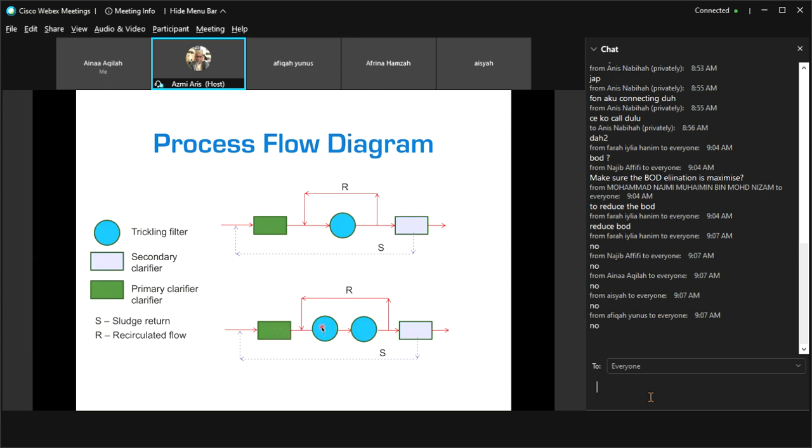It goes into the first trickling filter, and then the wastewater coming out from the first trickling filter will go into the second trickling filter. And then the wastewater from the second trickling filter, some of it will be recycled back, some of it will go into the sedimentation tank. Okay. There is no sludge return here. This is a mistake here. There's no sludge return. Okay, this is the flow diagram of the trickling filter.